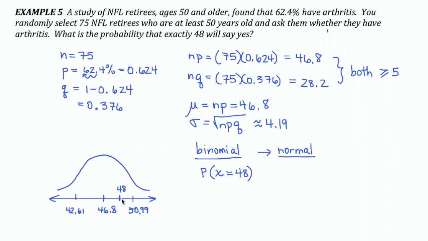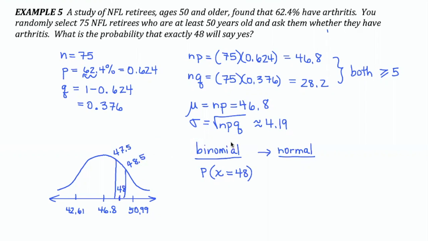And because I need to apply my continuity correction, I need to consider all the numbers that are actually going to round to 48 by going half a unit below and half a unit above. So when I do that, half a unit below puts me at 47.5, and half a unit above puts me at 48.5.